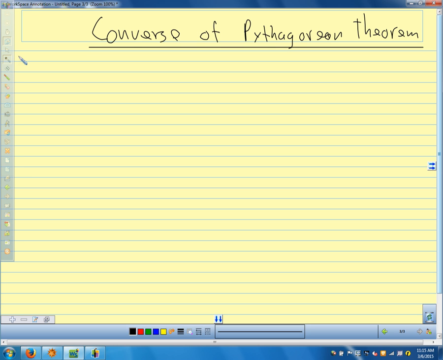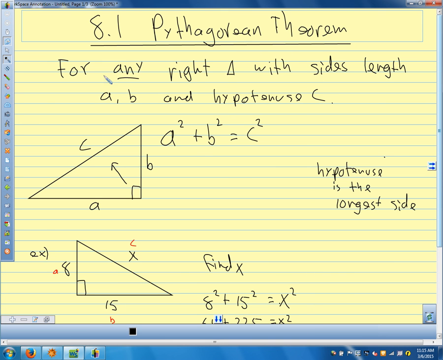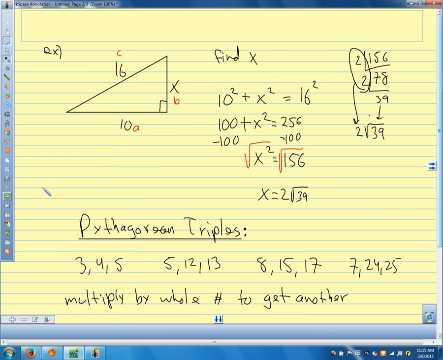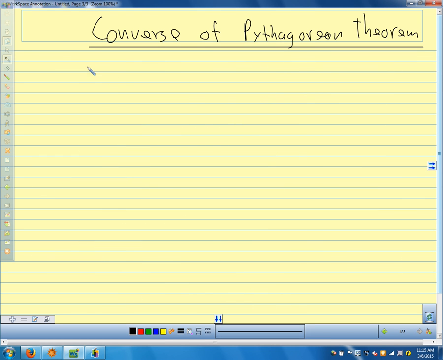Oh, that was way back in chapter 2. We turn it around and go the opposite direction, basically. Just turn the if and the then around. So our Pythagorean theorem says if we have a right triangle with sides A, B, and C, then a squared plus b squared equals c squared.